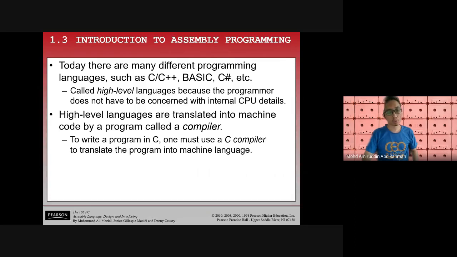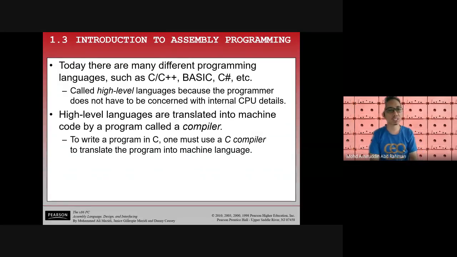For a high-level language, the program must still be translated into binary, the machine code, but the translating program is called a compiler. For low level it's called an assembler, but for the high-level language it's called a compiler.